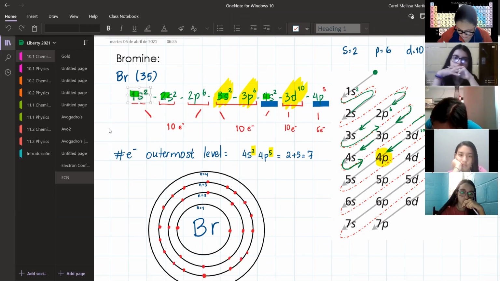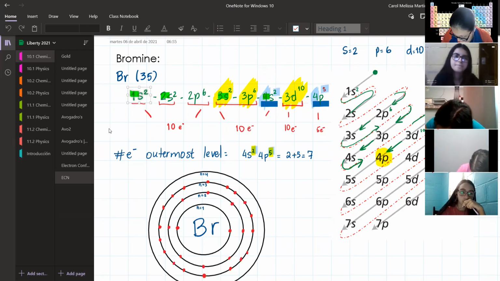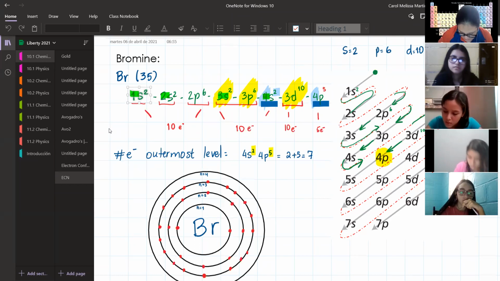The greater coefficient in all this is the 4, the 4 here and also the other 4. So I just add the electrons, 2 plus 5, which makes 7. And those are the electrons that you are going to show in the outer level, which is right here. And I'm going to put them in a different color, just because I want.